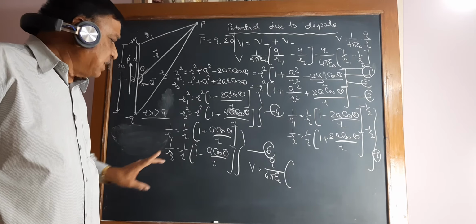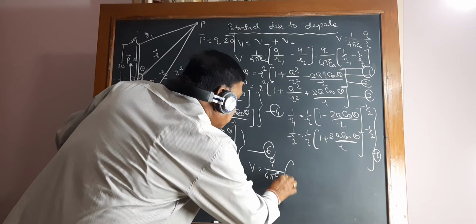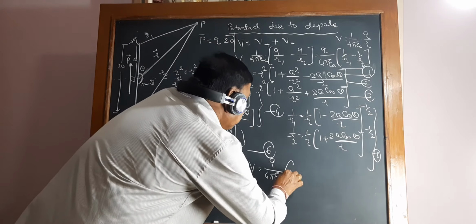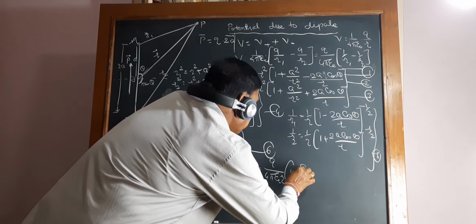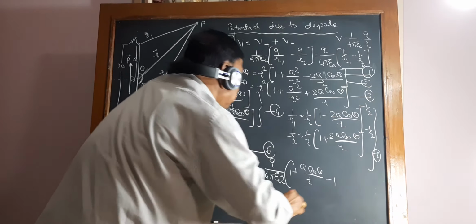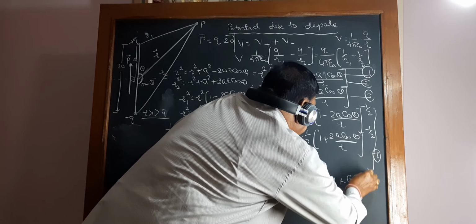In both the terms 1 upon r is common, so 1 upon r common. Remaining terms 1 plus a cos theta upon r minus 1 plus a cos theta upon r.